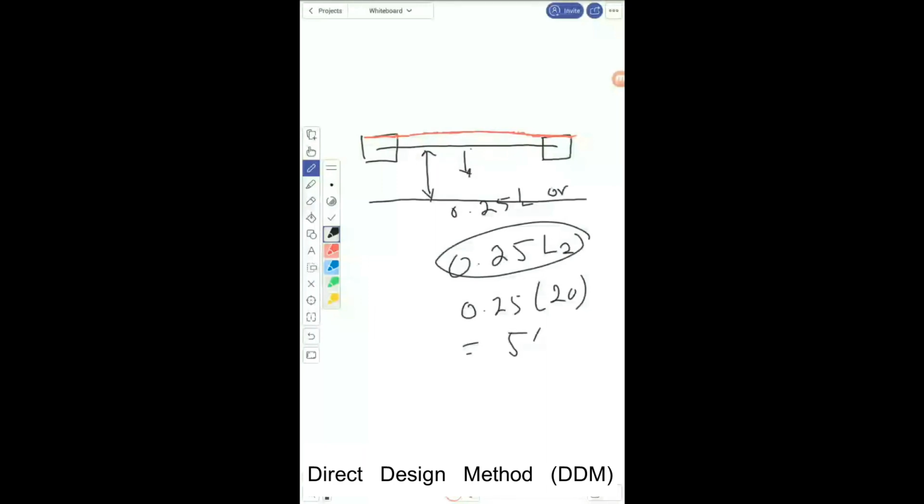But this is not the column strip. In fact, the column strip includes this one for exterior frames, particularly for exterior frames.